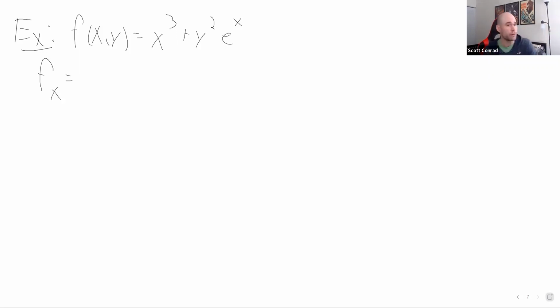Okay, so really quickly, the partial with respect to x. So we treat y as a constant, differentiate with respect to x. X cubed becomes 3x squared. Y squared e to the x becomes y squared e to the x. Y squared we're treating as a constant.